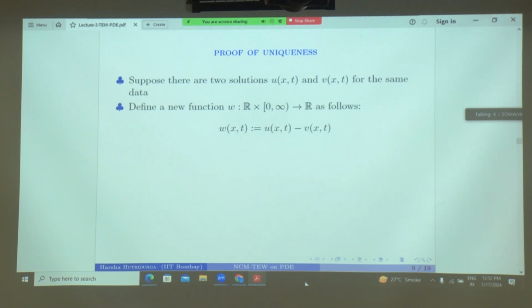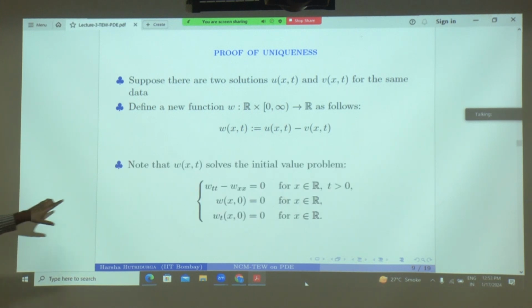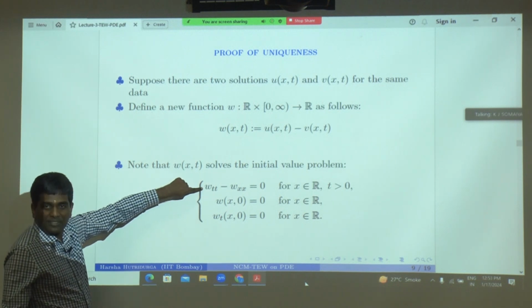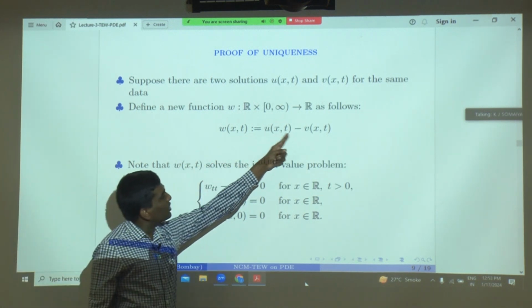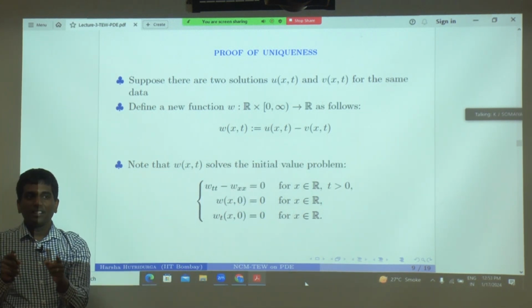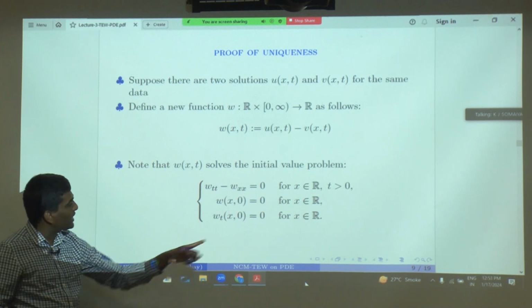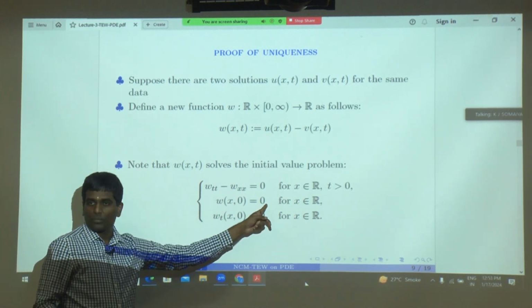Now, what is the equation satisfied by w? We said something about this in the very first discussion we had today. If you give me two solutions, any linear combination is also a solution. So w also solves the wave equation. Because both of these are satisfying the same data, and because I am taking the difference, the data for w is 0.